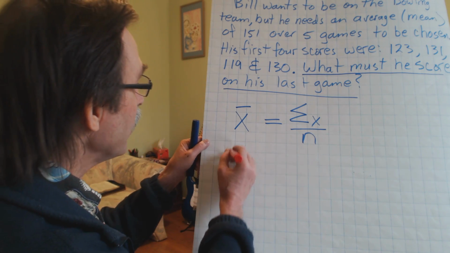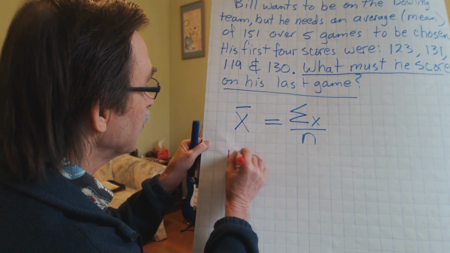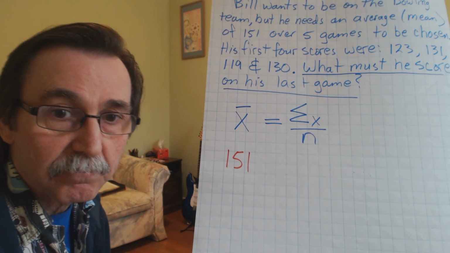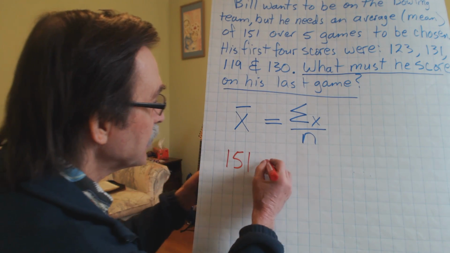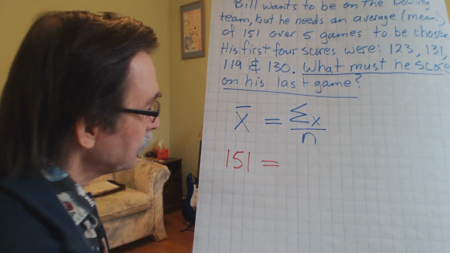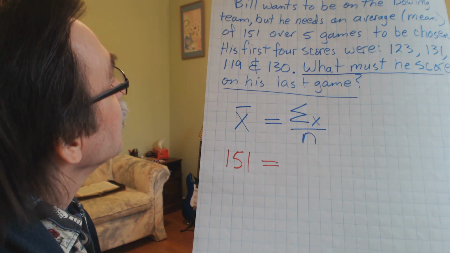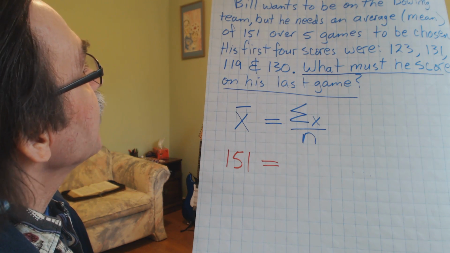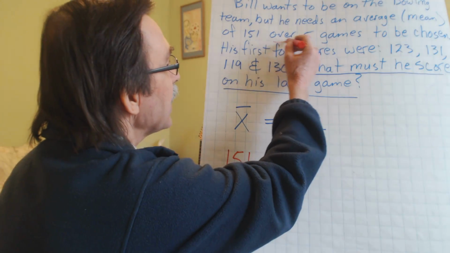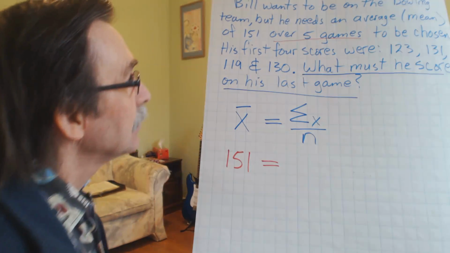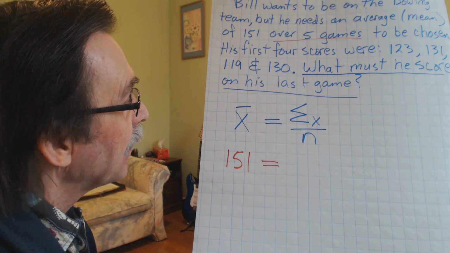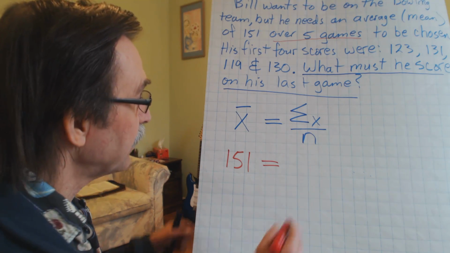It is known. 151 is what we are given. We are also told that he must get an average over 5 games. That tells us that n is equal to 5.